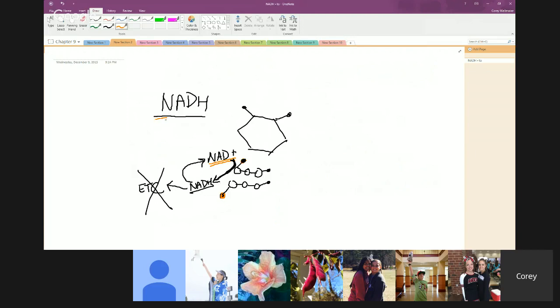So if this NADH can't go to the electron transport chain and turn back into NAD+, the cell must have a way to turn this NADH back into NAD+. Well, if it can't use the electron transport chain because there's no oxygen, it's got to use something. And what it uses is pyruvate.